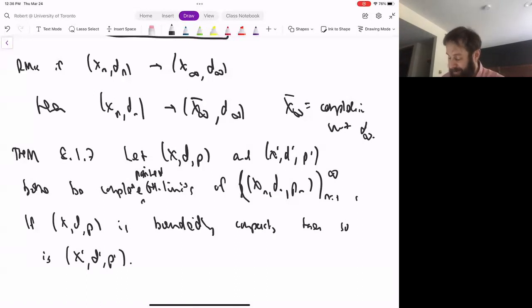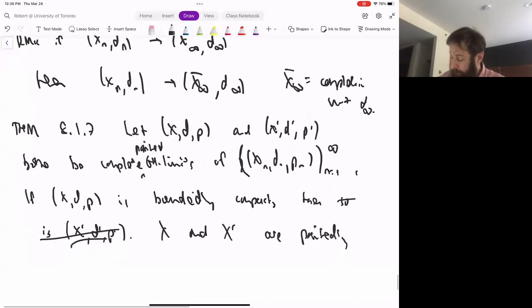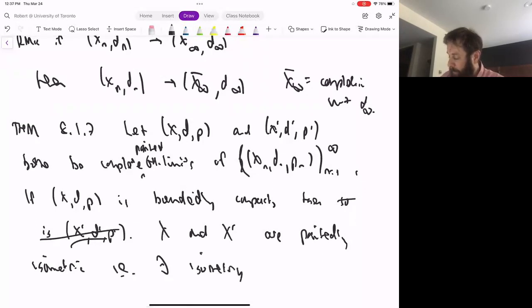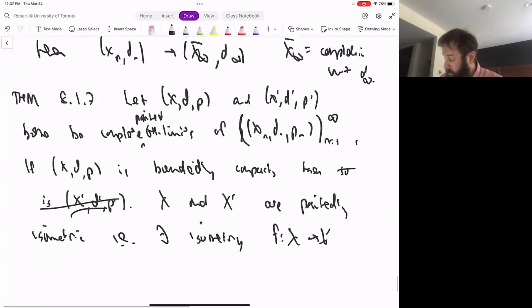Actually, never mind that. Never mind. So then X and X prime are pointedly isometric, i.e., there's an isometry f with f(p) equals p prime.